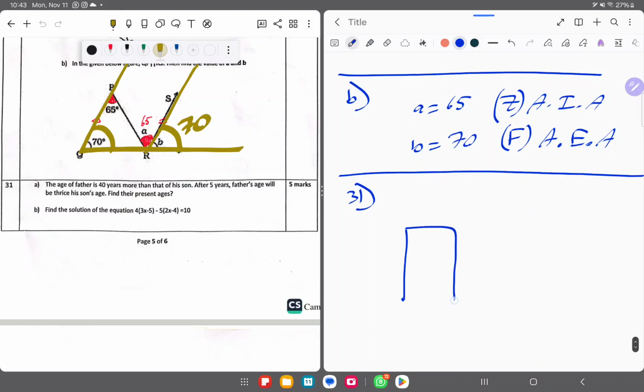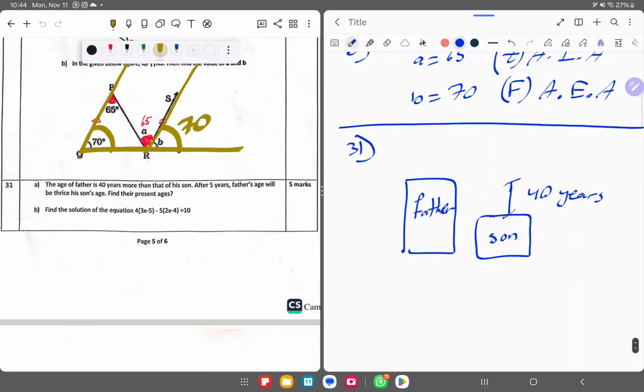So this is the father, and this is his son. It's 40 years more than his son. So the difference is 40 years. After 5 years, the father's age will be thrice his son's.